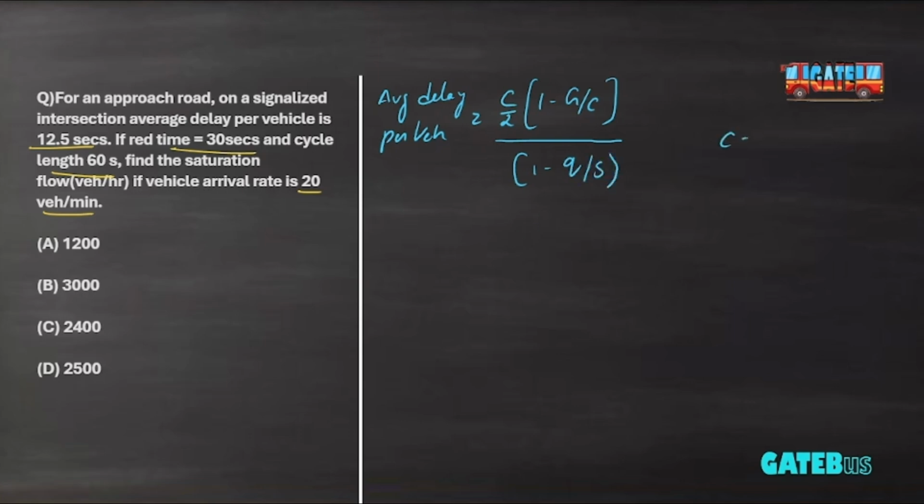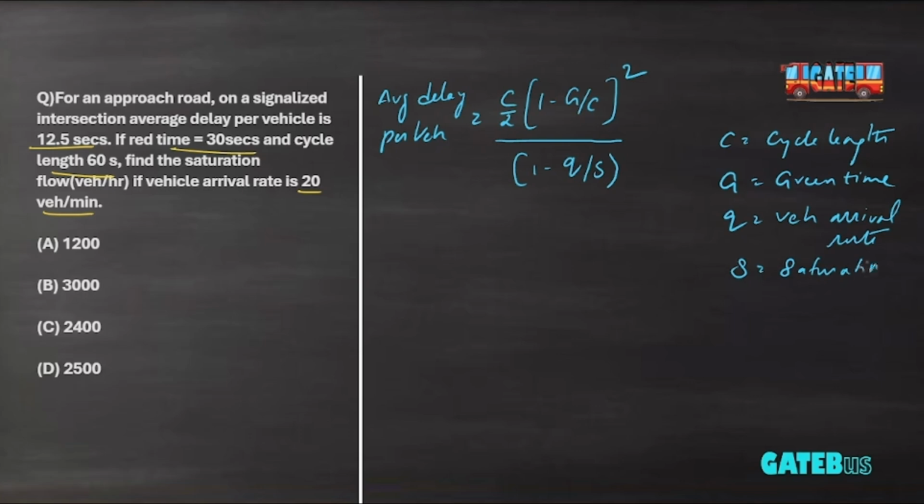C is equal to cycle length, G is equal to green time, Q is equal to vehicle arrival rate, and S is equal to saturation flow. So now we know C, Q, S, but we don't know the G value.